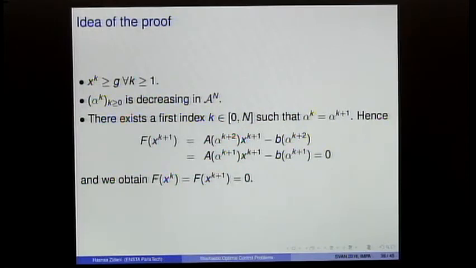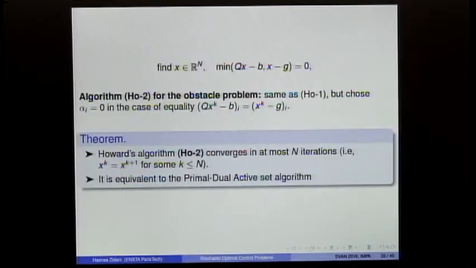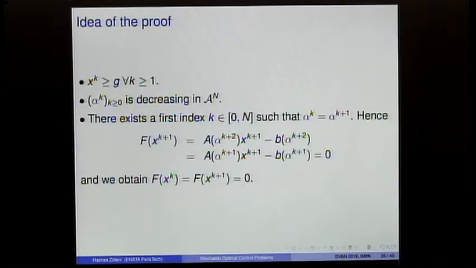Why is it working here? Because in this specific case, we do have more than just the convergence. So what we have is also some properties. By always making this choice of alpha I equal to 0 in case of equality, you have a decreasing set of policies. And in this situation, you also have convergence of policy. But this is very specific.